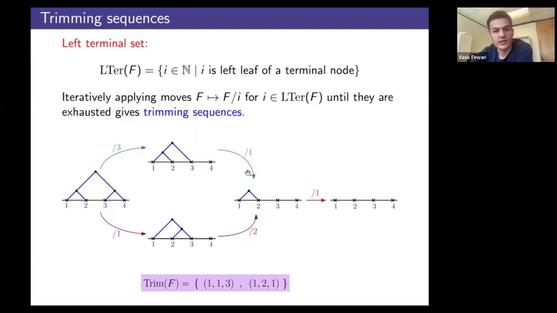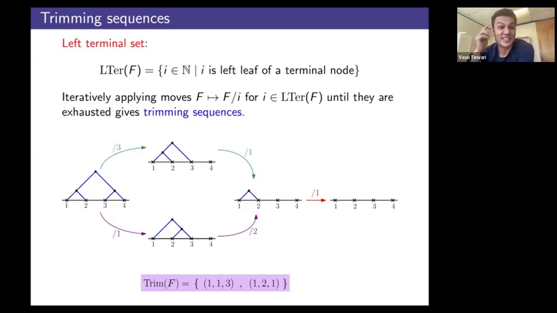So in this case, there are 2 ways to trim this down to the empty forest. And I can record these sequence of trims in this trimming sequence. Okay. So this is the analog of a reduced word. It's telling you how you can take something of high degree and eat away its nodes until you get an empty set.